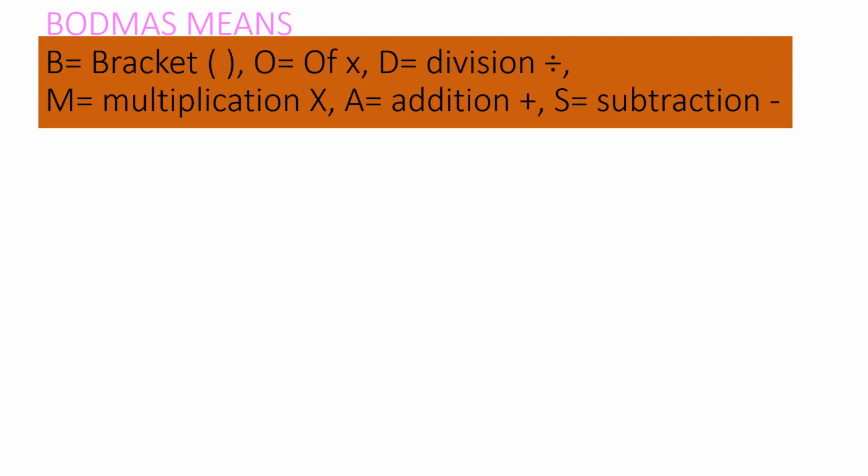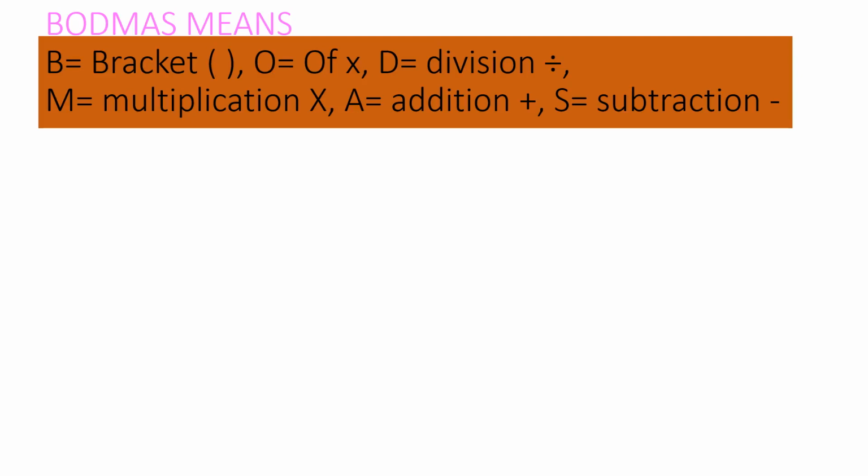Why have they given that acronym BODMAS? The acronym has been given so that if we are faced with a mathematical problem that involves more than two of these operations, we apply the rule of BODMAS, which states that the first one we have to solve is bracket. The second one is of. The third is division.